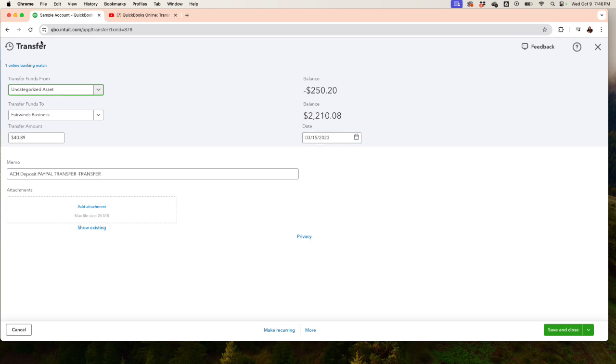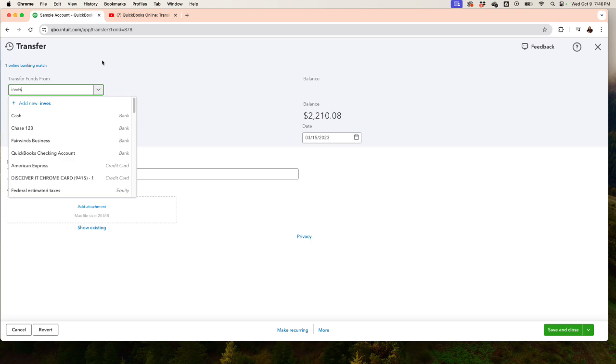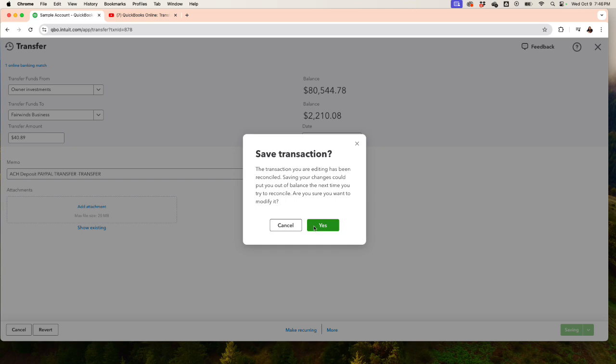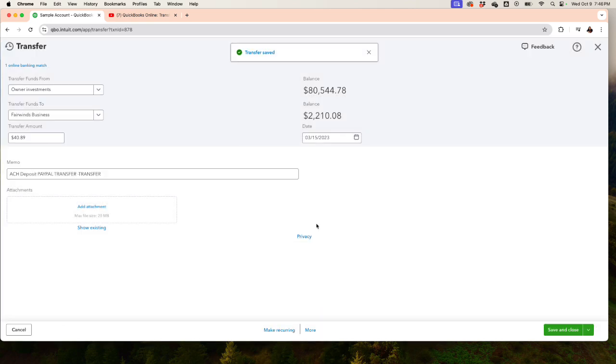Okay, so here is money coming from uncategorized asset to Fair Winds to the bank account. So what I'm going to do is put it as transferring from owner's investment, if that's the case. So suppose that the owner is actually putting this money in there.